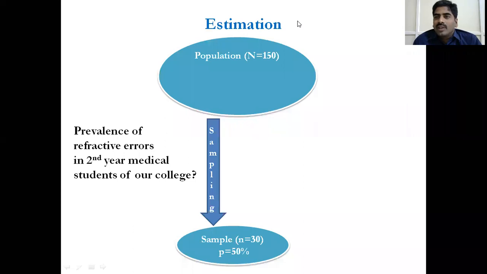Data is divided into two groups, quantitative and qualitative. Quantitative data means data which can be measurable. Qualitative means which cannot be measurable. Here refractive error present or absent. Is it qualitative data or quantitative? That is my question. I opened the chart. You can give the answer.